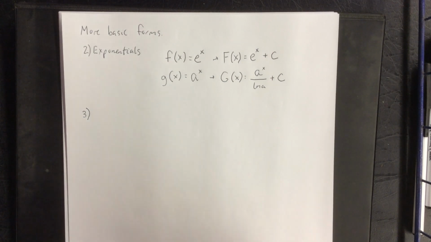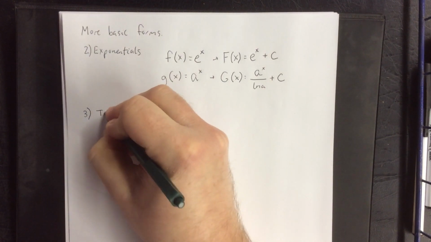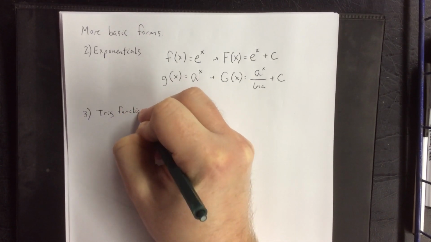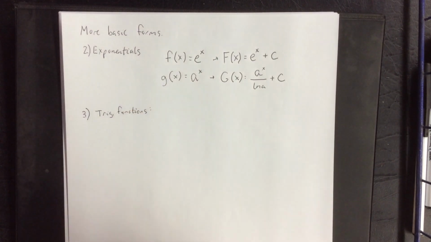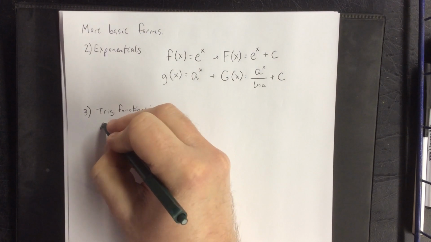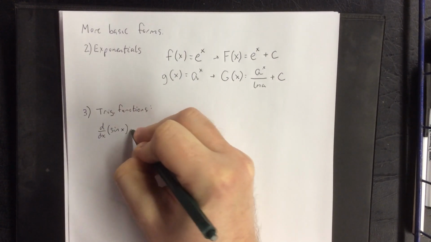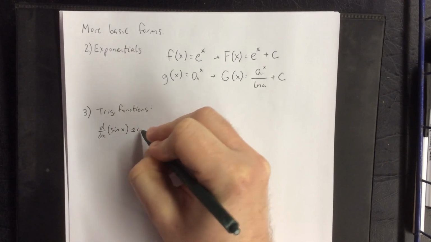Now, after exponentials, we should probably also talk about trigonometric functions. So for every rule for derivatives, there's going to be a corresponding rule for antiderivatives. If I differentiate the sine of x, I will get the cosine of x.